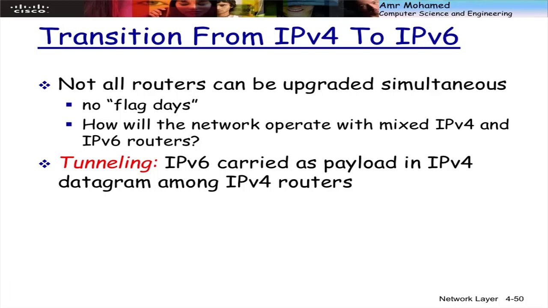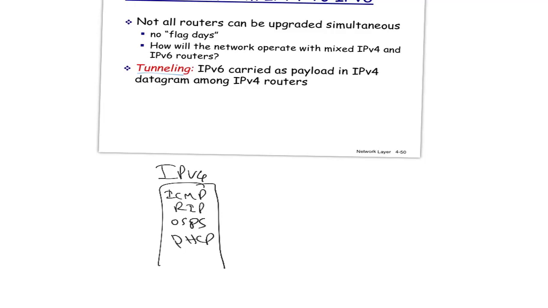Okay? So they came up with the concept of tunneling, and tunneling has two steps. First, a node can have the two stacks. The IPv4 stack includes ICMP, RIP, OSPF, DHCP, DNS, all of this. All of this has to go with IP version 4, okay?